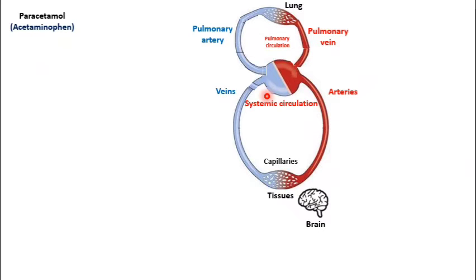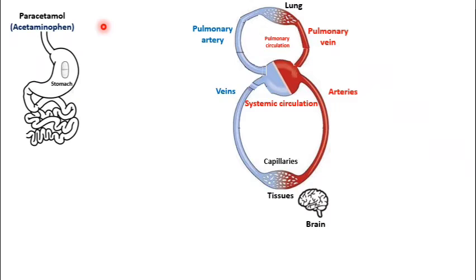So, back to our paracetamol tablet again. You swallowed this tablet and it got into your GIT. It passes first through the stomach, then it goes into the small intestine.